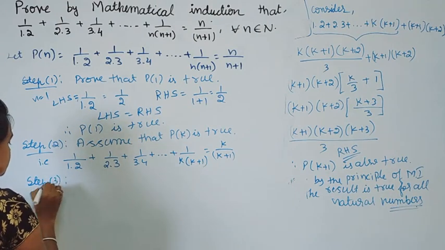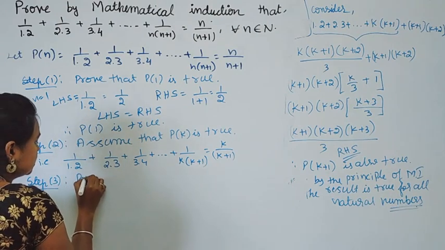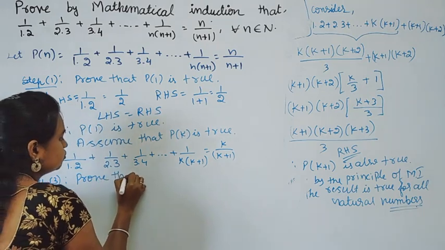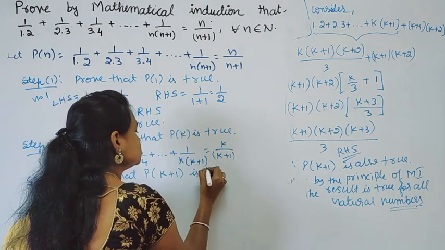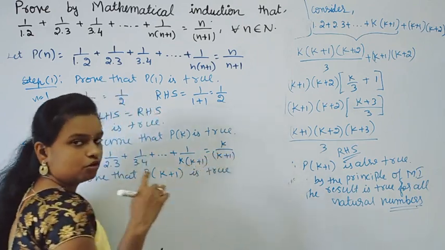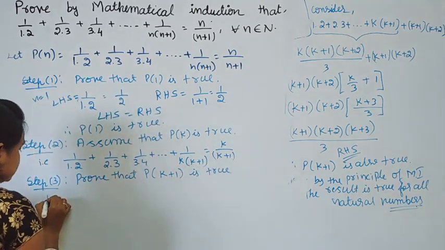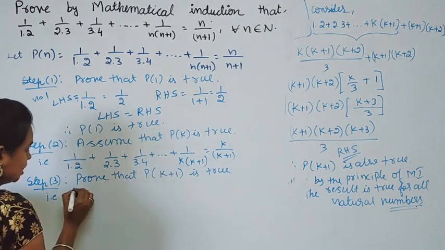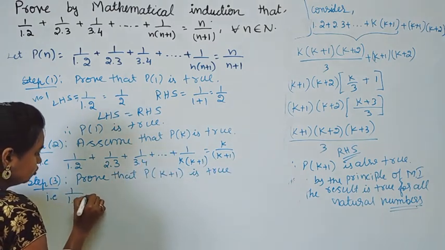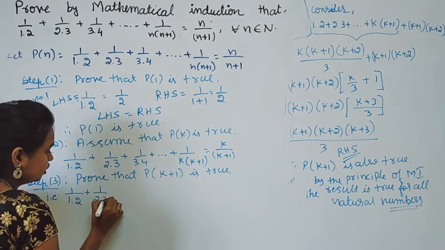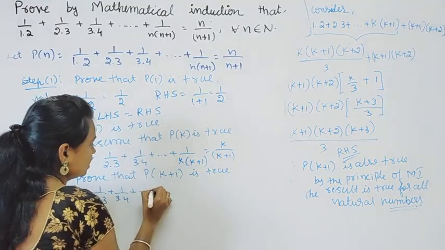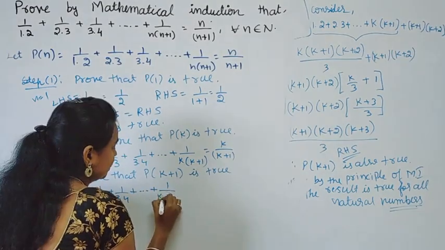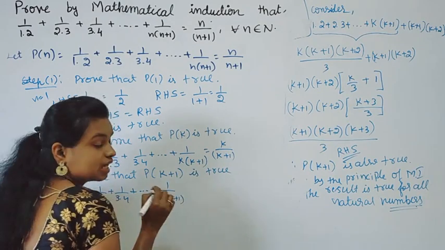Step 3 is prove that P of k plus 1 is true. Which means the statement becomes 1 by 1 into 2 plus 1 by 2 into 3 plus 1 by 3 into 4 plus, etc., plus 1 by k into k plus 1. This is the kth term.